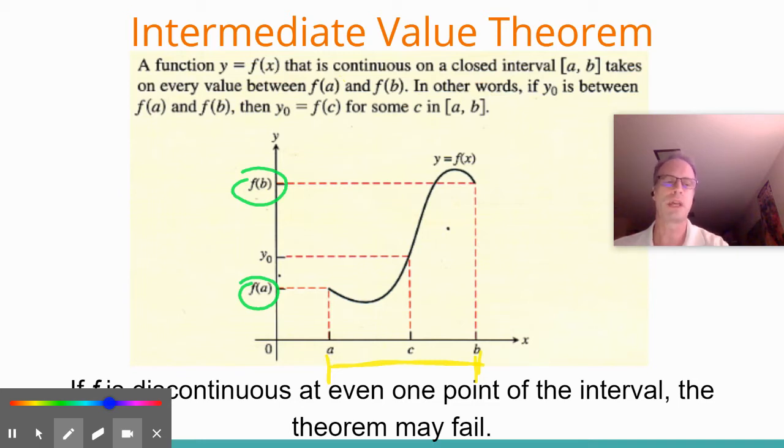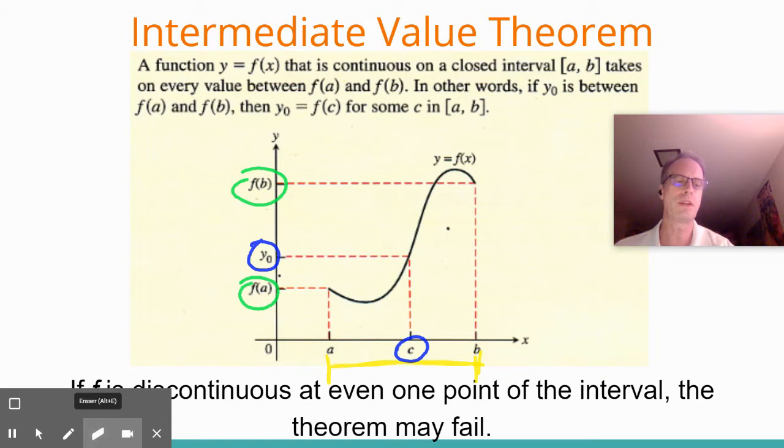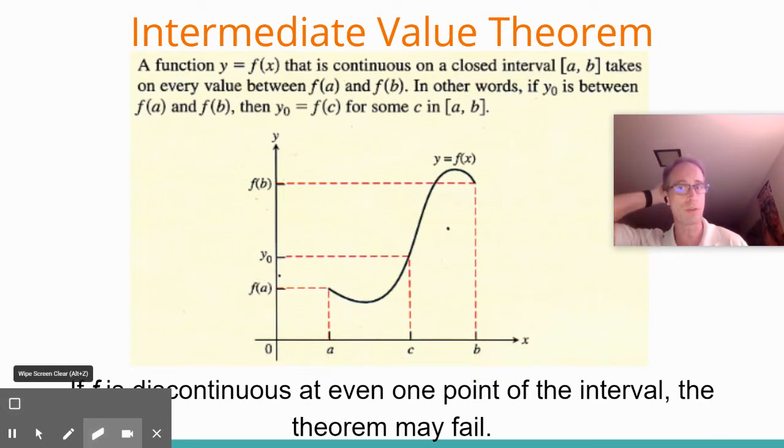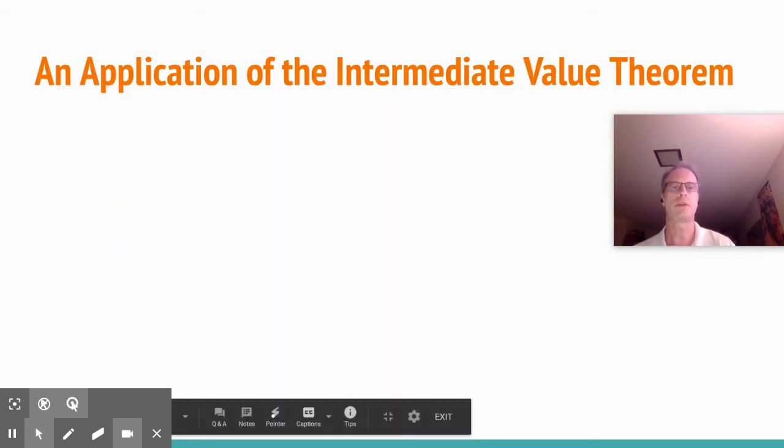And for any y coordinate that's between f(A) and f(B), there is some value C for that. Now, if you have any discontinuities, it may fail. Also, you could have multiple solutions for this, but we're only considering if it actually works.